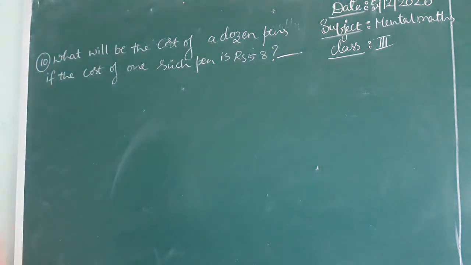Here they have given the cost of one pen and they are asking us to find the cost of a dozen pens. Dozen means how many units, children? Dozen means 12 units.